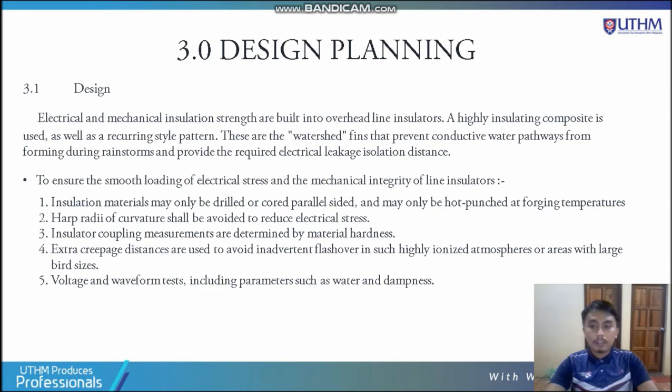And next is extra filtrage systems are used to avoid inadvertent flashover in such highly ionized atmosphere or area with large bird size. And last is voltage and waveform test, including parameters such as water and dampness.